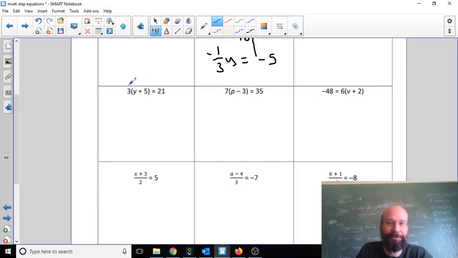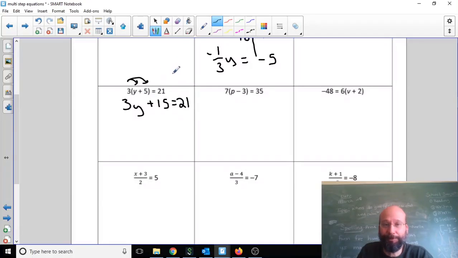This is multiplication, and it's multiplying to the whole thing. The way I like to do these is to distribute the 3 first, just because the distributive property is something that you're going to see through the whole year, and you need to get used to multiplying it. So 3 times y is 3y, 3 times 5 is 15, equals 21.